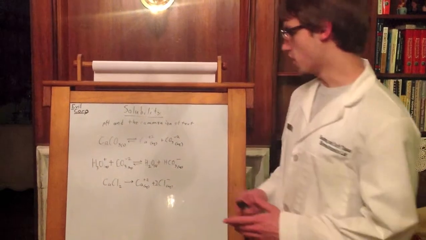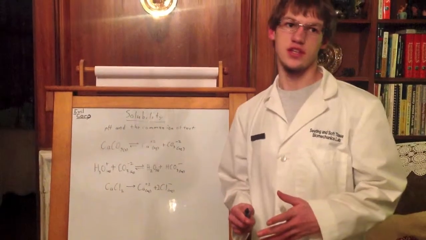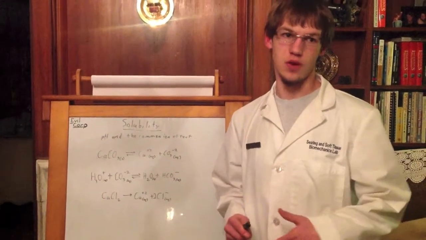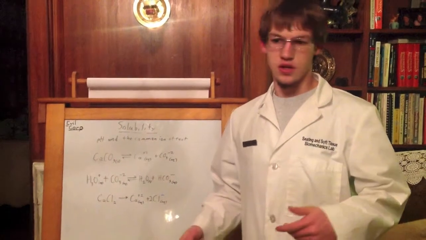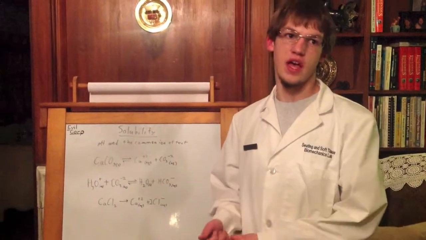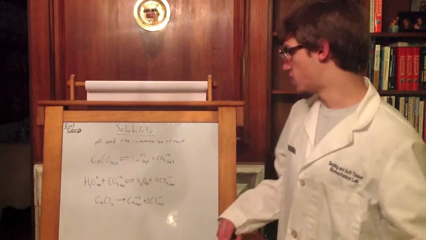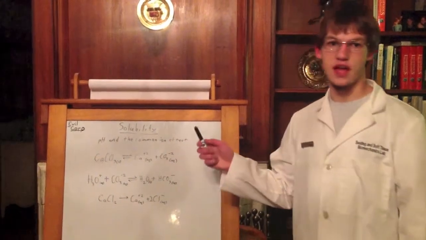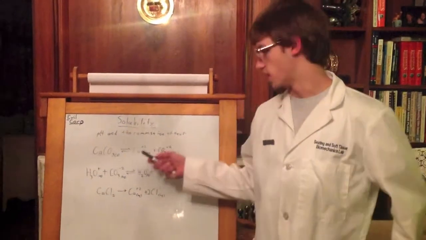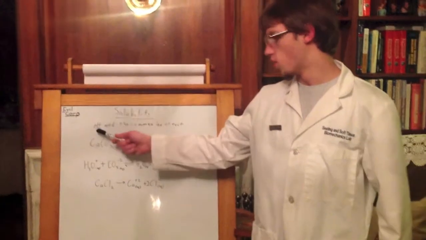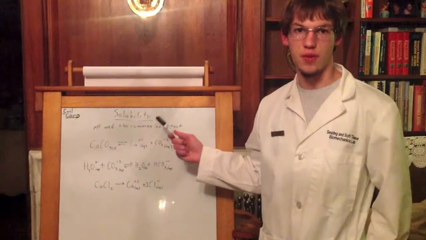While solubility equations can be adjusted like any other equilibrium with temperature and such, there are also two things that can greatly affect solubility. One is pH, the other is the common ion effect.